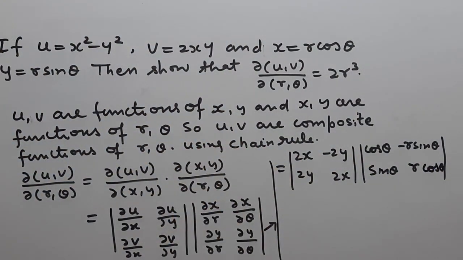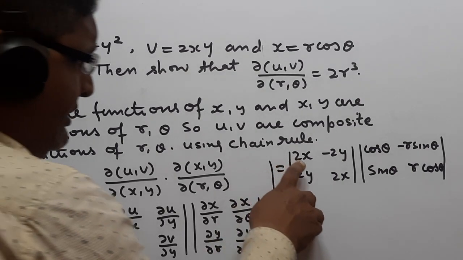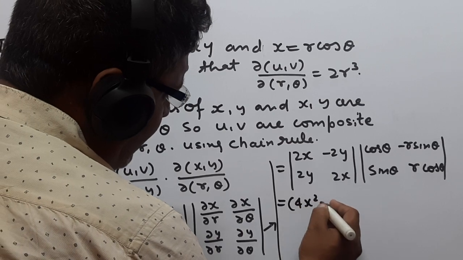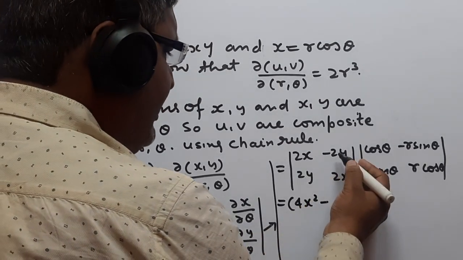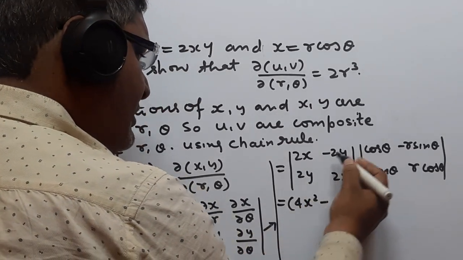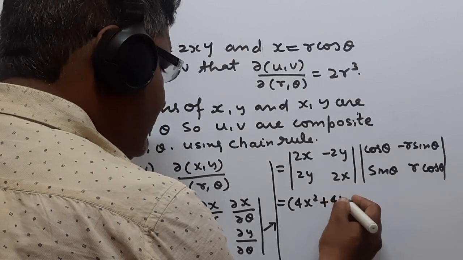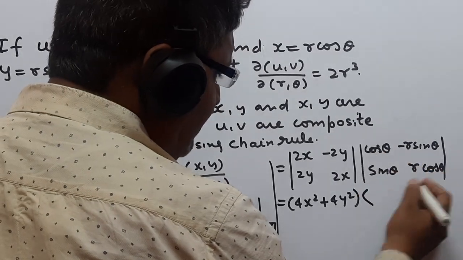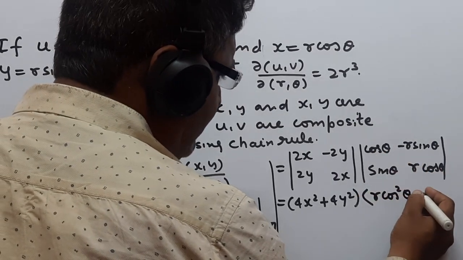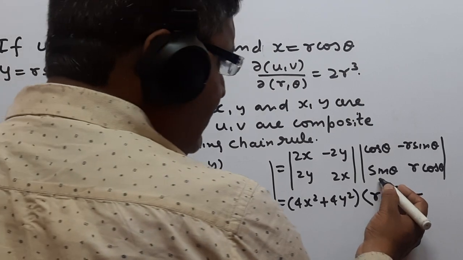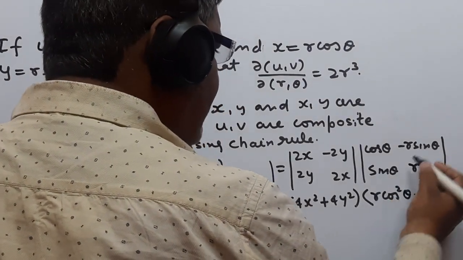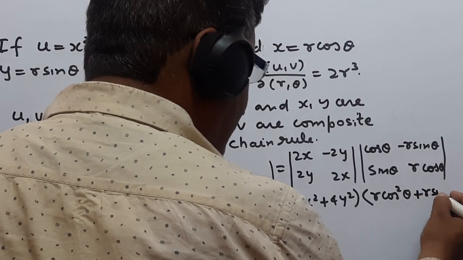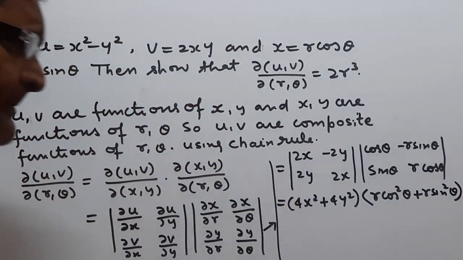Now we solve these two determinants. You can see that 2x multiplied by 2x we get 4x square, and then minus 2y multiplied by minus 2y we get minus 4y square, so this becomes plus 4y square. Here we multiply cos theta by r cos theta, so this is r cos square theta, minus sin theta multiplied by minus r sin theta, we get minus r sin square theta, so this becomes plus r sin square theta.